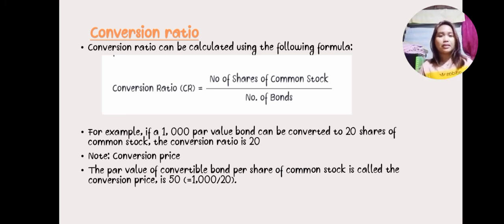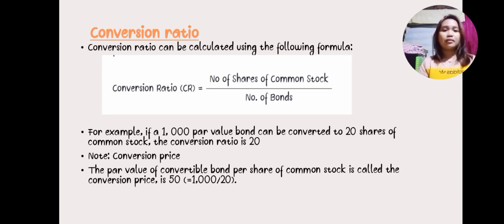For example, if a 1,000 par value bond can be converted to 20 shares of common stock, the conversion ratio is 20. Why is it? Because the par value of the convertible bond per share of common stock is called the conversion price, which is 1,000 divided by 20 equals 50. So that is the conversion price.